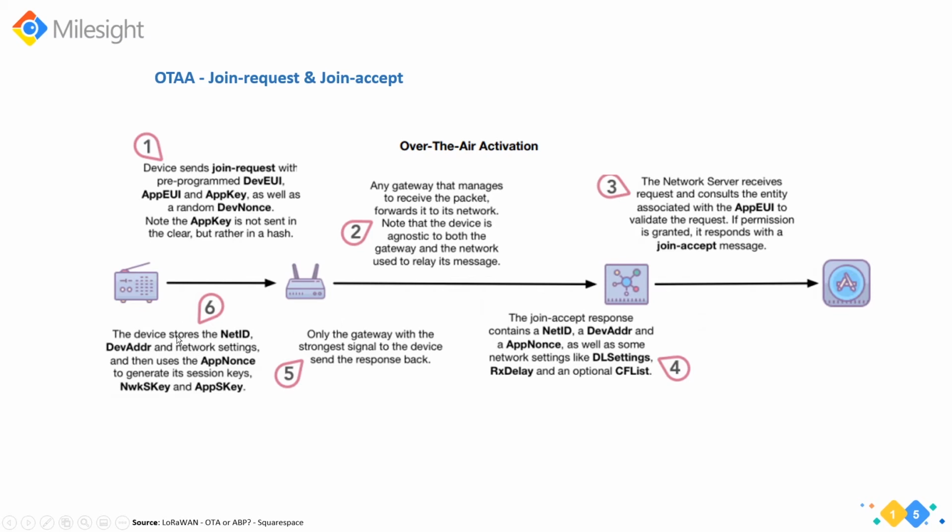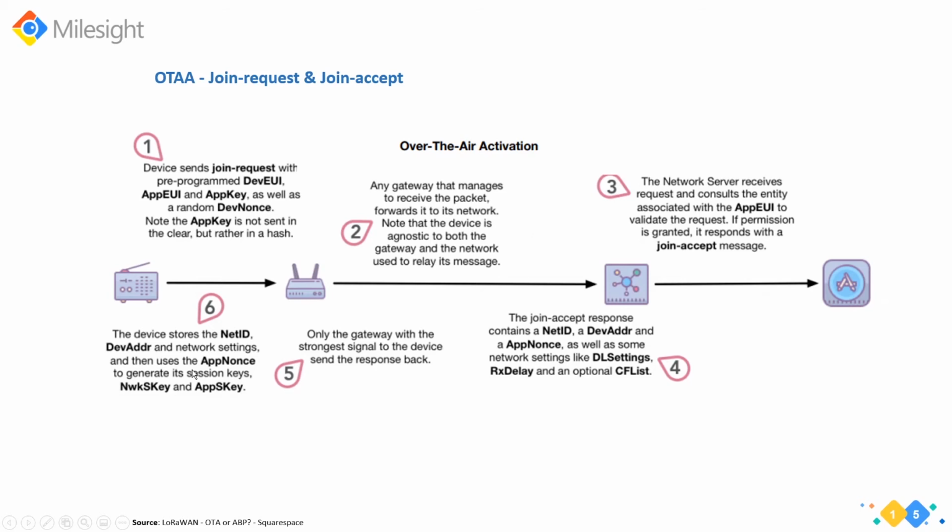Once the end device receives the packets, it will store the net ID and the device address, and use the app nonce to generate the network session key and application session key. In that case, the end device has joined the network successfully, and it can start to send uplink messages.